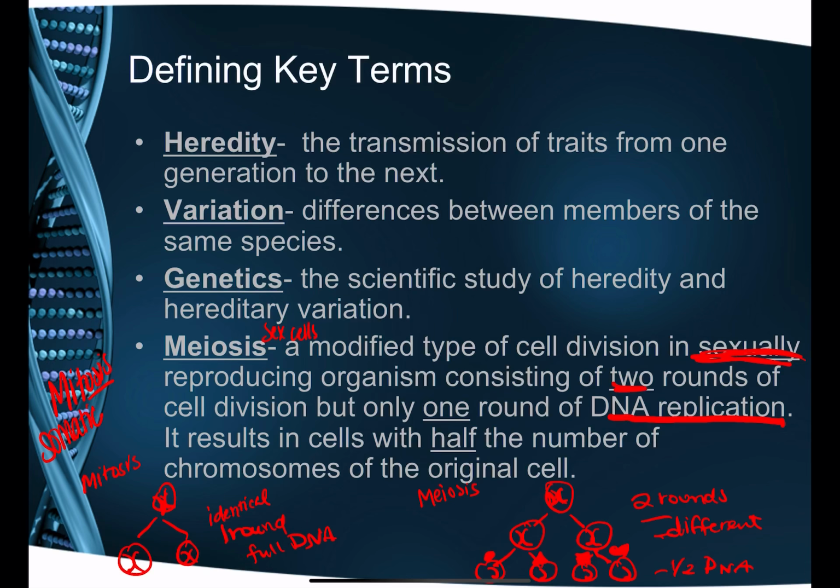So meiosis is how we make sperm and egg. It's responsible for making our sex cells. Mitosis, I may have said mitosis there, but I meant meiosis. Sorry if I spoke that wrong. Mitosis is responsible for making our body cells, our somatic cells.